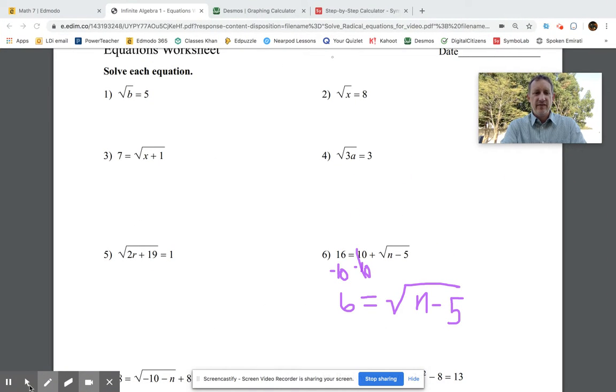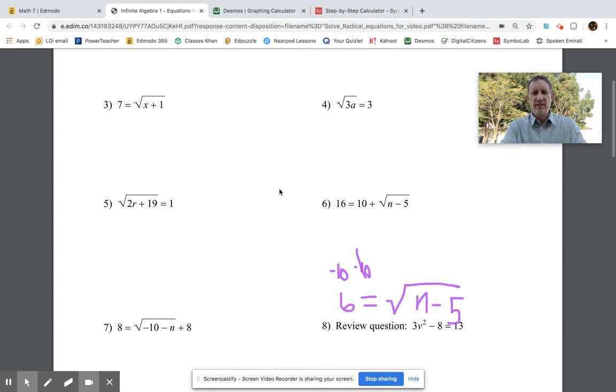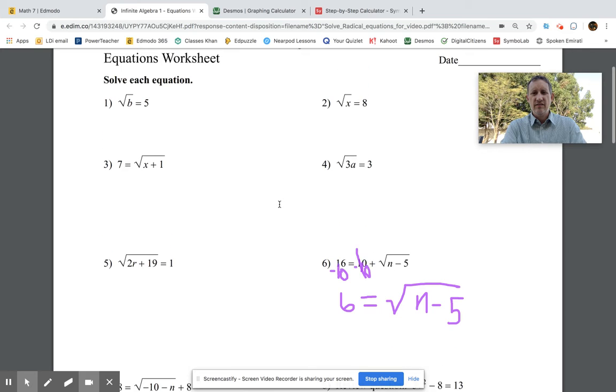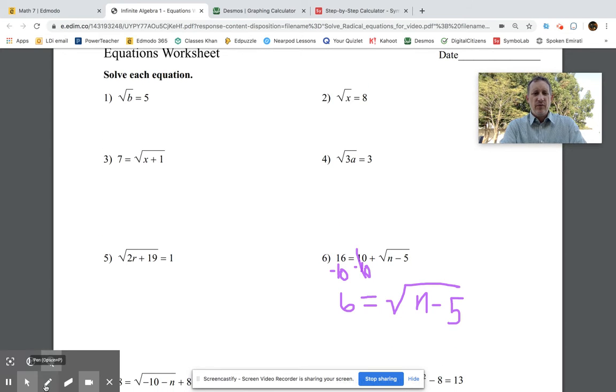So we have, let's see if I can scroll up a little bit. Okay. We have 6 equals the square root of n minus 5. If I square 6, it gives us 36.